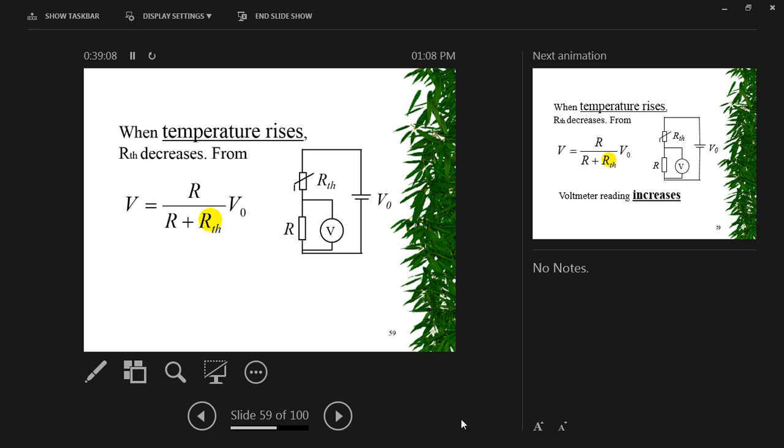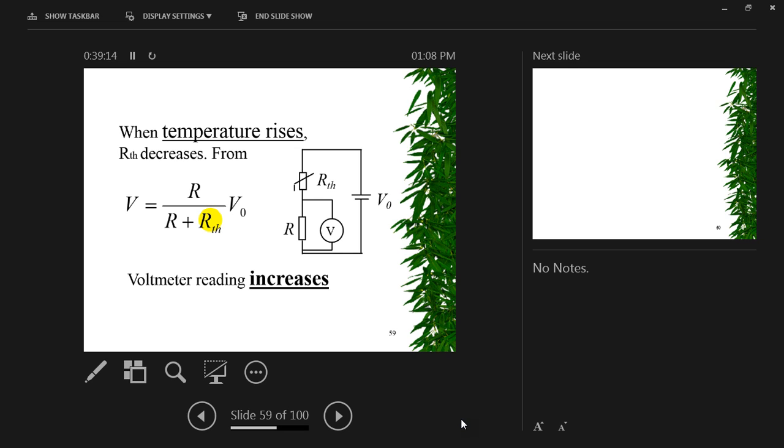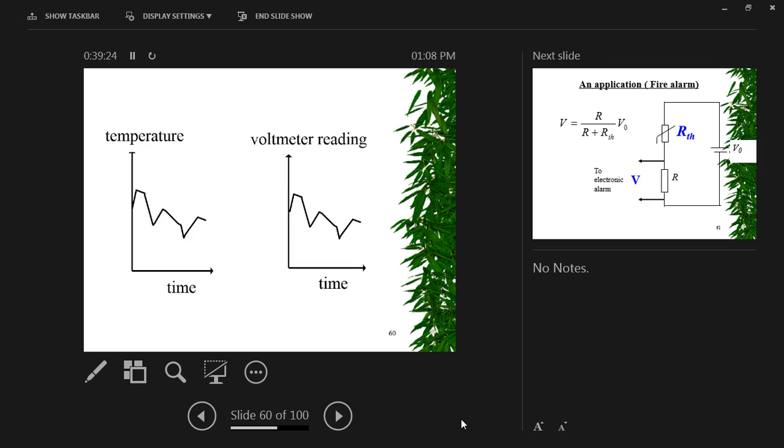If the denominator decreases, the voltmeter reading will increase. When the temperature increases, the voltmeter reading increases. When the temperature decreases, the voltmeter reading decreases. Which means I have some kind of correlation. I take the voltmeter reading, and I will roughly know how the temperature is changing.